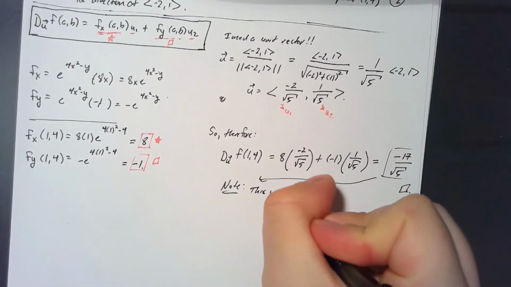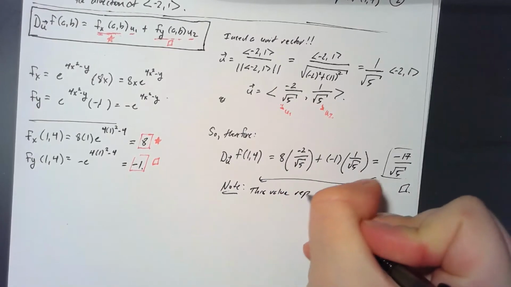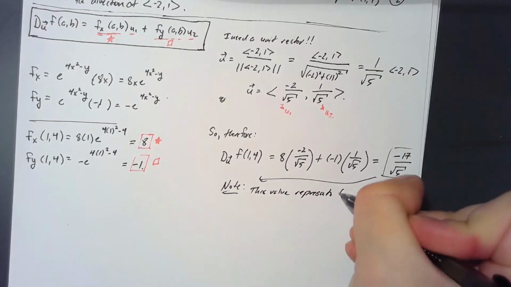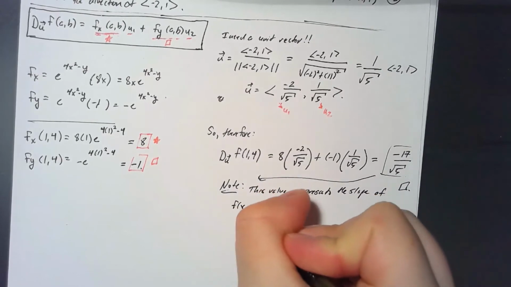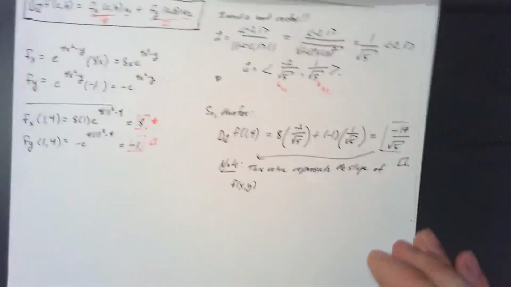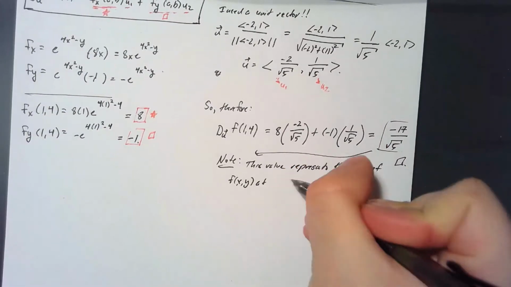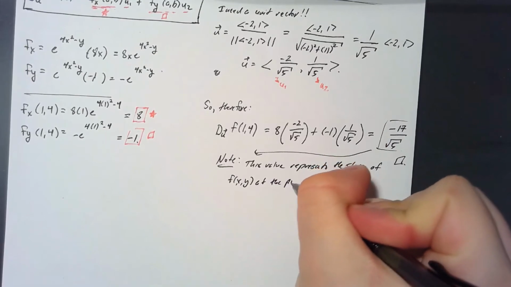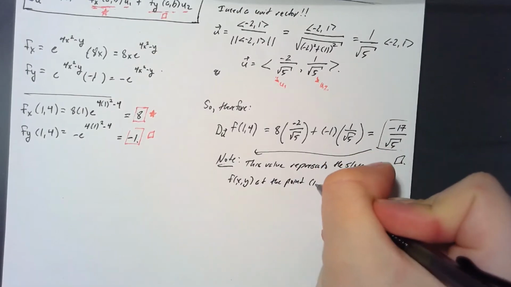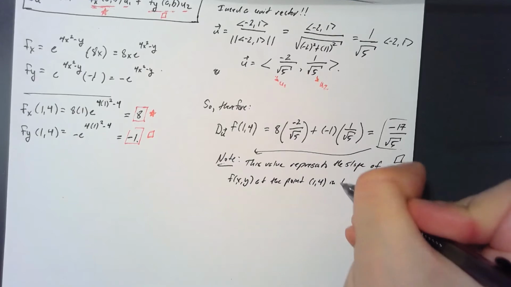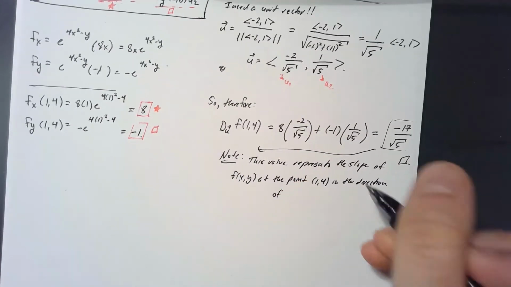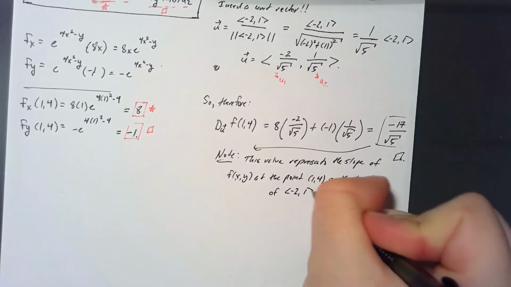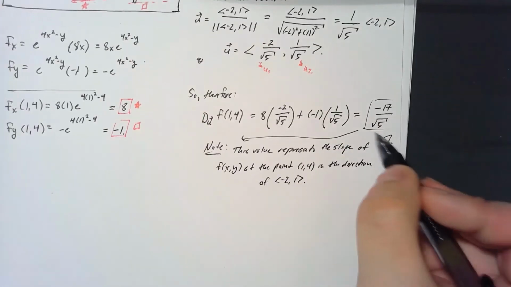This value represents the slope of f of xy, which was defined up here, at the point 1, 4 in the direction of -2, 1. So that's what this value represents.